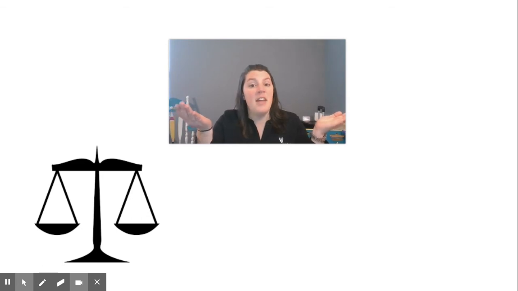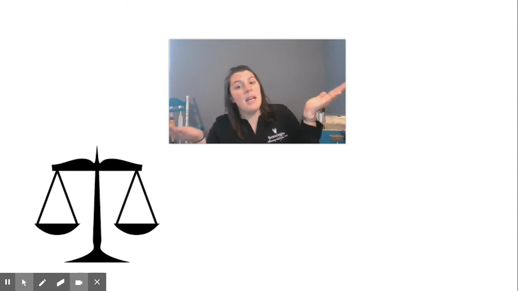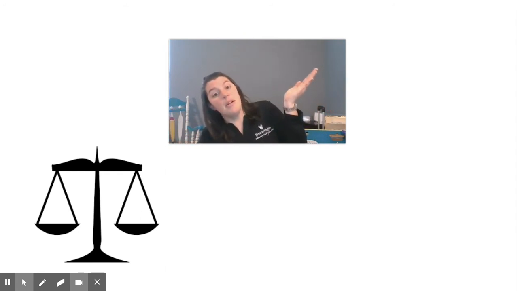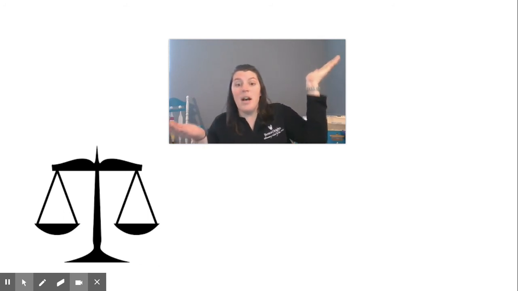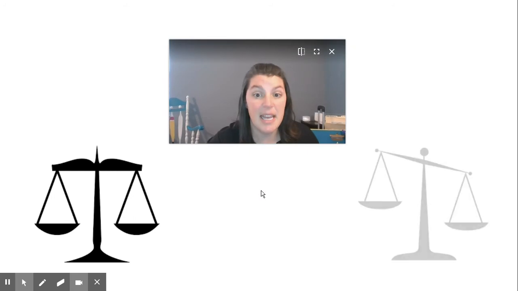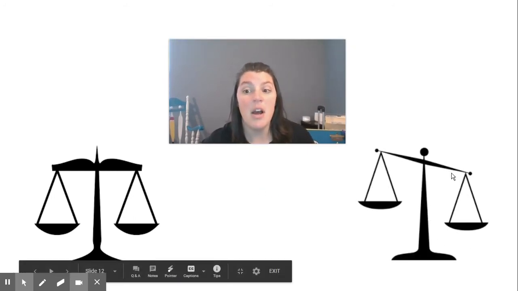Heavier than the feather. In fact, it's so heavy, it's making my body tip. The hand with the heavier object is going down, and the hand with the lighter object is going up. That happens to scales also. So we can tell this side has something heavier, and this side has something lighter.